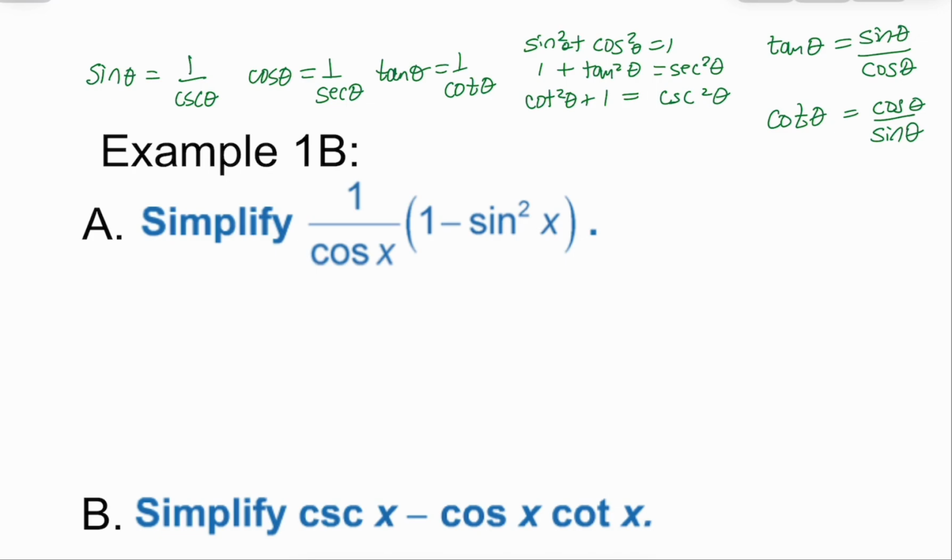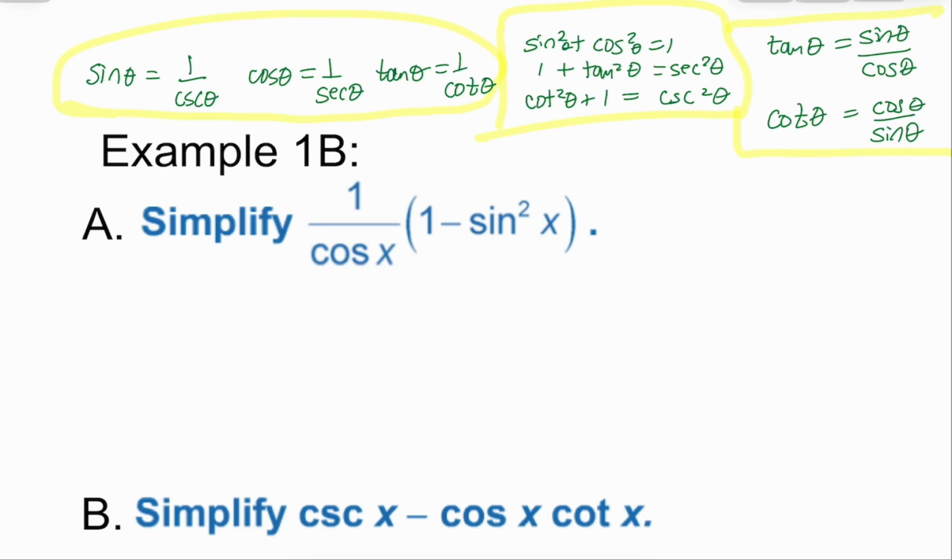You just need to focus on, for this first set of problems, the 8 that you see up there. You need to focus on the reciprocal, the Pythagorean, and the quotient.